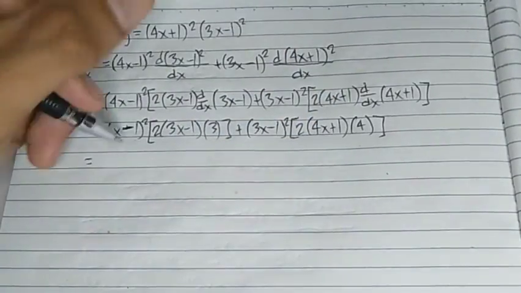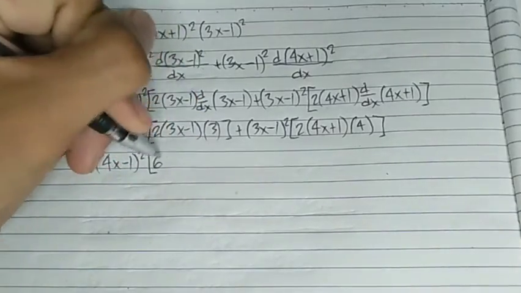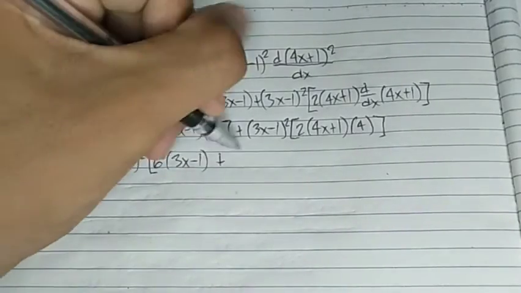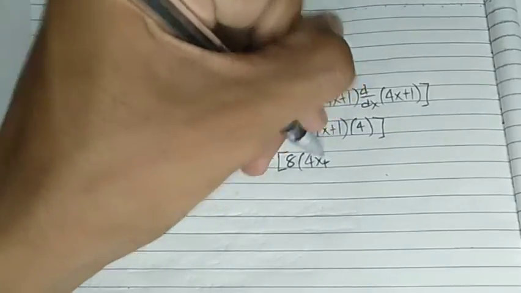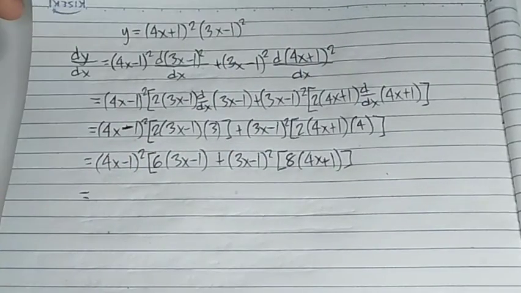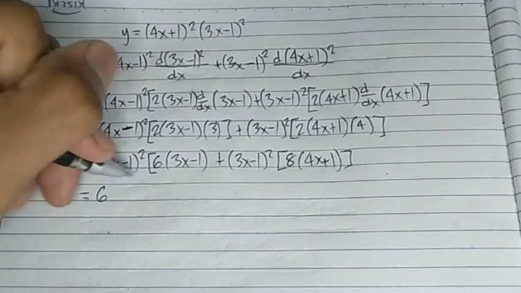That gives 4x plus 1 squared times 6 times 3x minus 1, because 2 and 3 are multiplied, plus 3x minus 1 squared times 8 times the quantity of 4x plus 1, because 2 and 4 have been multiplied.